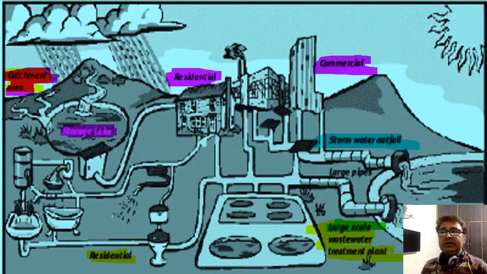From the residential area, it comes out in the shape of wastewater. The wastewater from residential or commercial areas may be combined, and these are sent to the large scale wastewater treatment plants. The effluent of the wastewater treatment plant is released to the environment through the various water bodies.